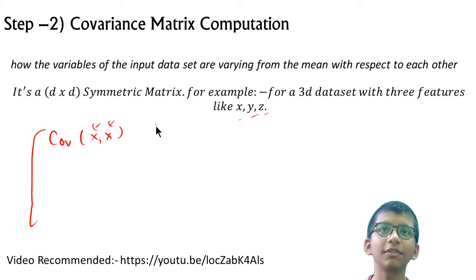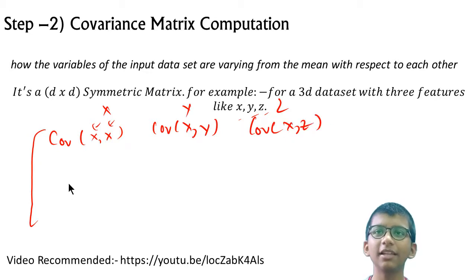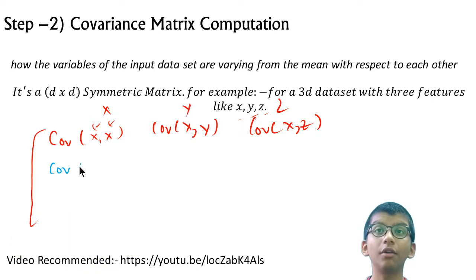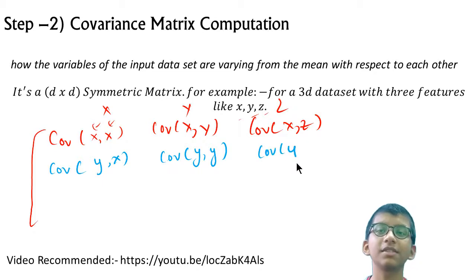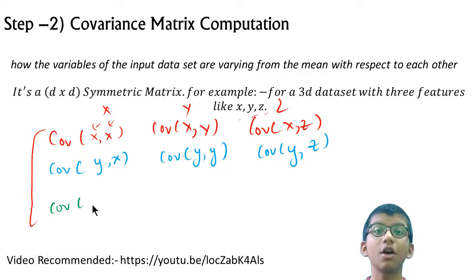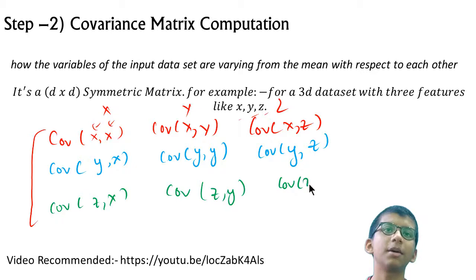Then covariance of x, y, and covariance of x, z. Next, covariance of y comma x, covariance of y comma y, covariance of y comma z. Then covariance of z comma x, covariance of z comma y, then covariance of z comma z.